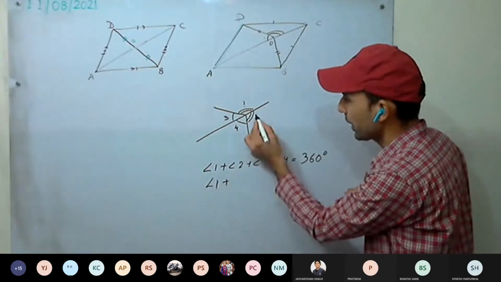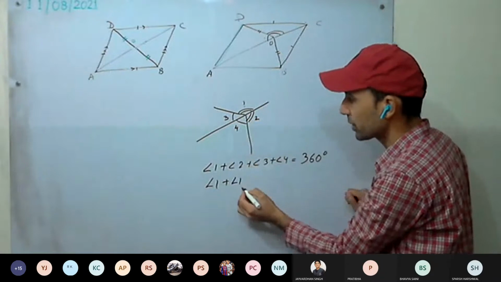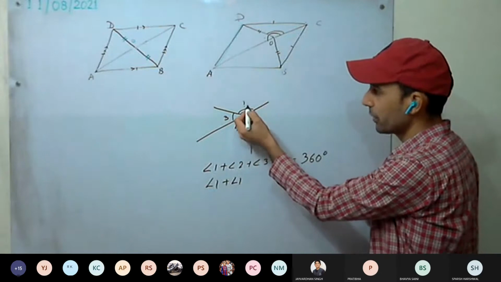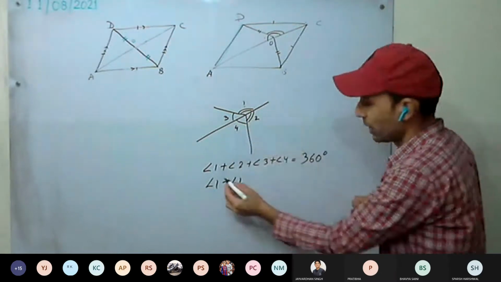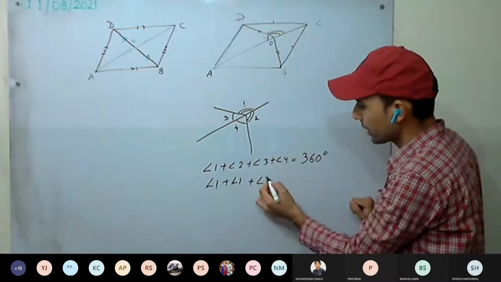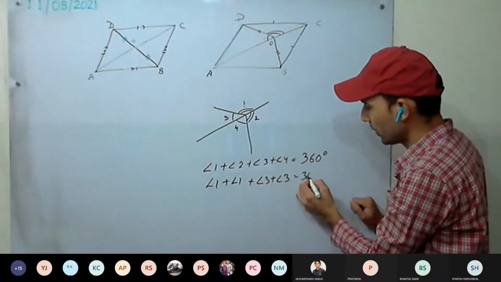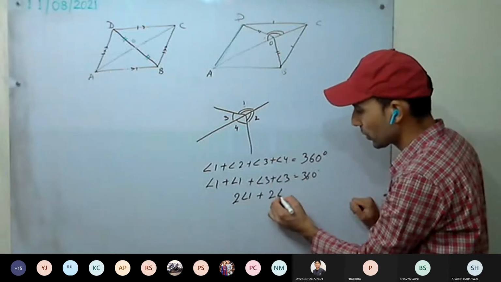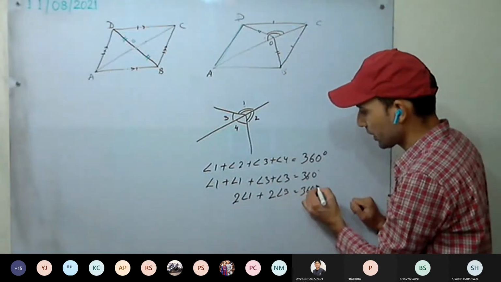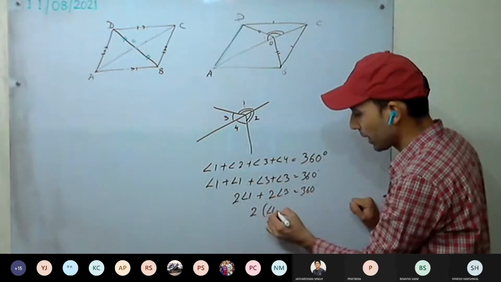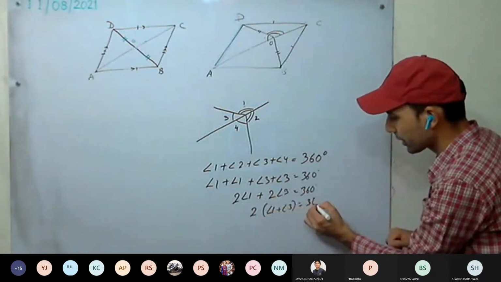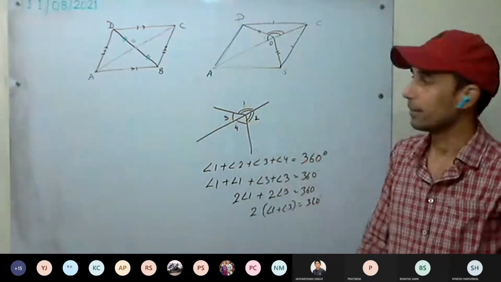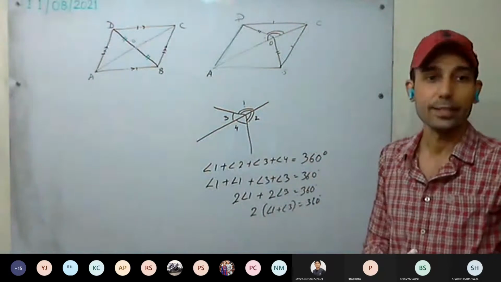Since we have proved them to be equal, if we prove them through congruency, we can write angle 1 plus angle 1, angle 3 plus angle 3 equal to 360 degrees. Twice angle 1 plus twice angle 3 equal to 360 degrees, or angle 1 plus angle 3 equals 180 degrees. And that's how we can prove it to be a straight line.